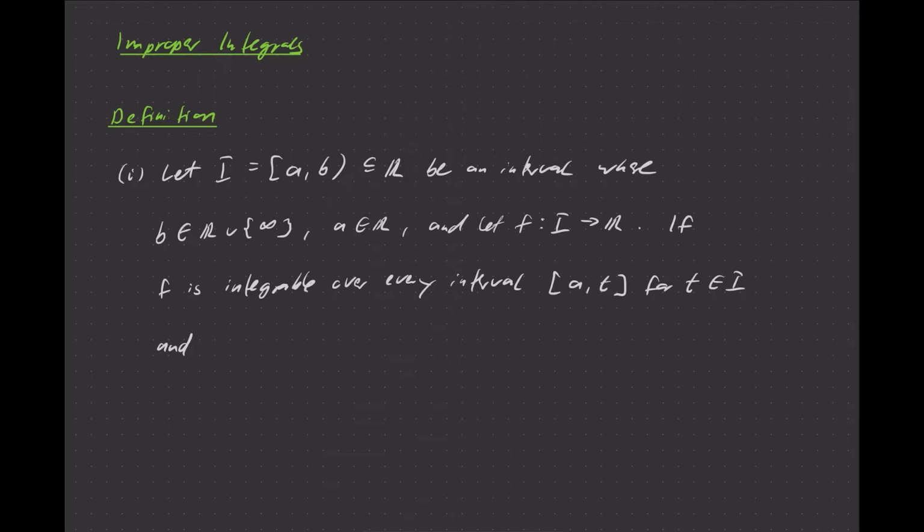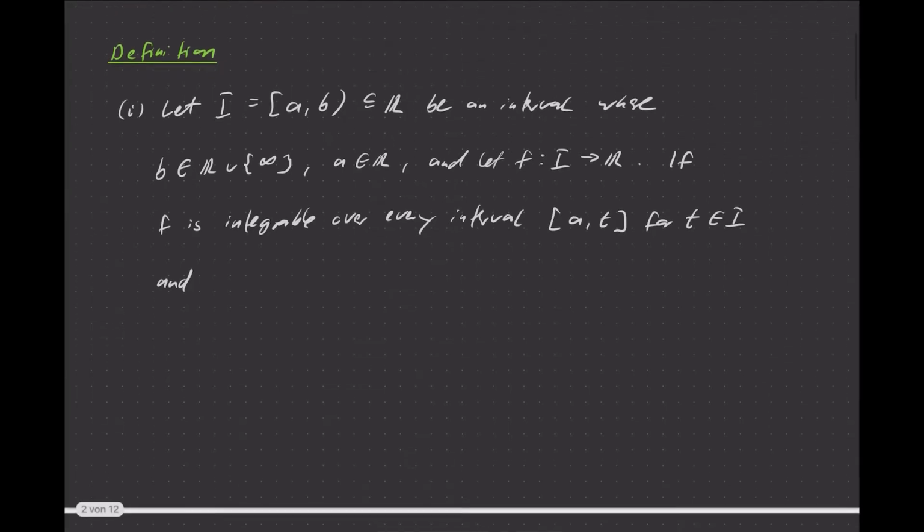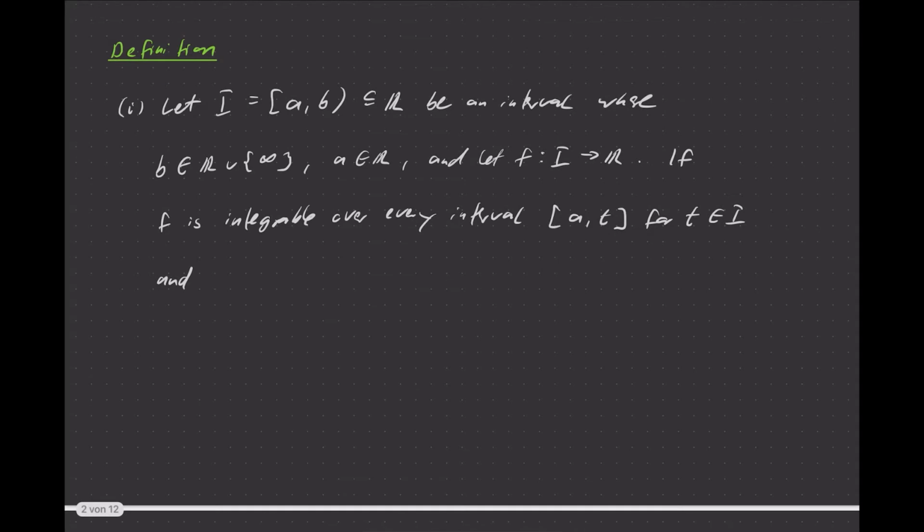And if it exists, then we'll define that as the so-called improper integral of f over the interval a to b.